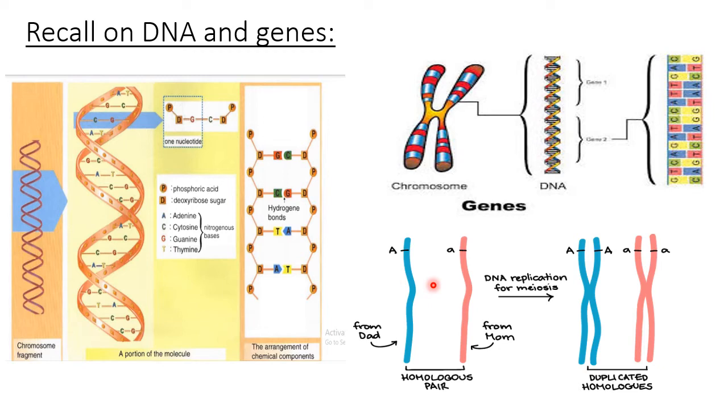For example, here I have a pair of chromosome. It is called homologous pair, one from the dad and one from the mom. After DNA replication, I have a homologous duplicated chromosome. On each chromosome, I have allele. Here we have A capital and here we have A small. So for this gene, we have the genotype A capital A small.